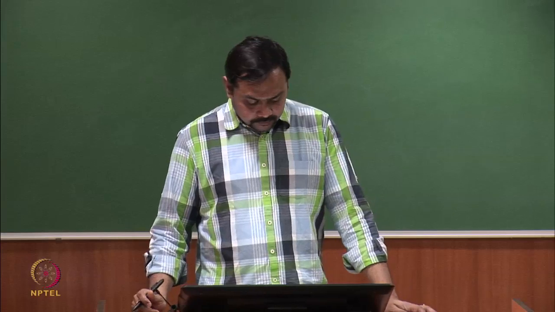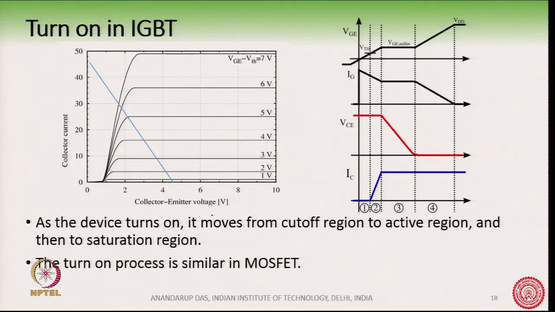So, we can say that if we see this IC versus VCE characteristics of the device, it has now moved from the cutoff region through the active region and settled at the saturation region.